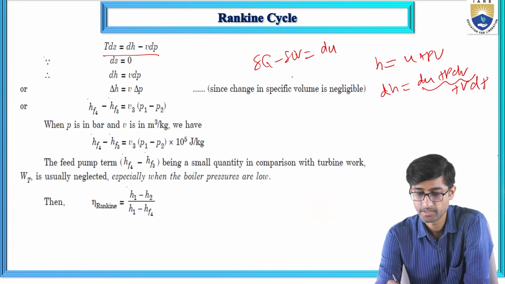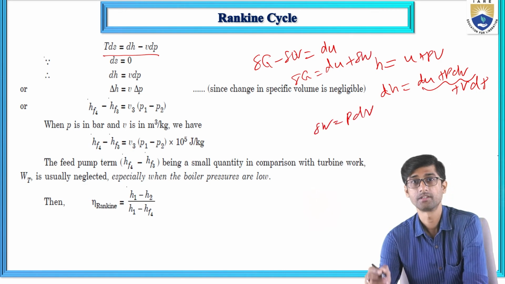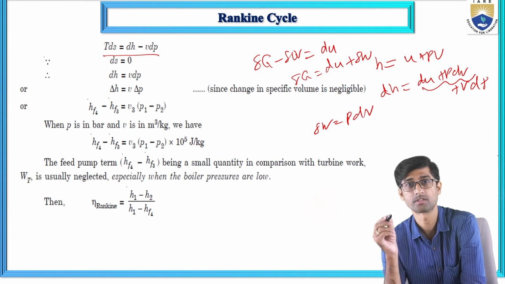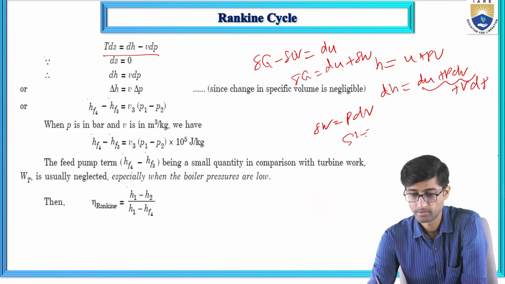So heat transfer is equal to dU plus work done, and work done is PdV, as we already discussed in thermodynamics. So heat transfer is equal to dU plus PdV.